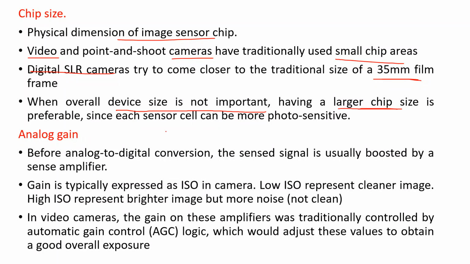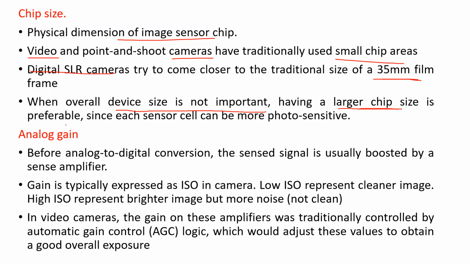You may differentiate that our mobile phone is very small, but the DSLR or professional camera is much bigger, right? Whenever we have a much bigger camera, a larger chip size will be there, so it can take photographs in finer quality. If we reduce the chip size, the image quality will be reduced.